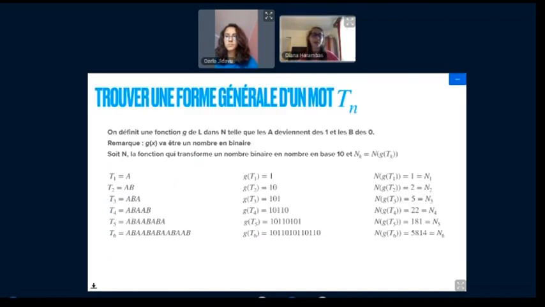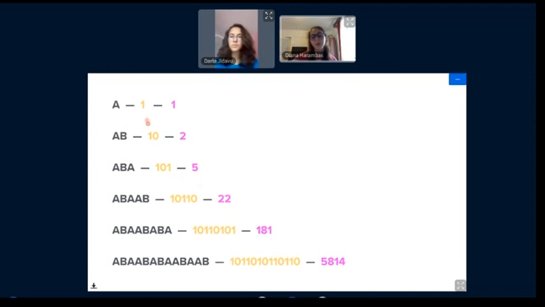Then we defined an array called n that is the transformation of the binary number into a decimal one. So in base 10, 1 becomes 1, 1, 0 becomes 2, 1, 0, 1 becomes 5, and 1, 0, 1, 1, 0 becomes 22, and so on.